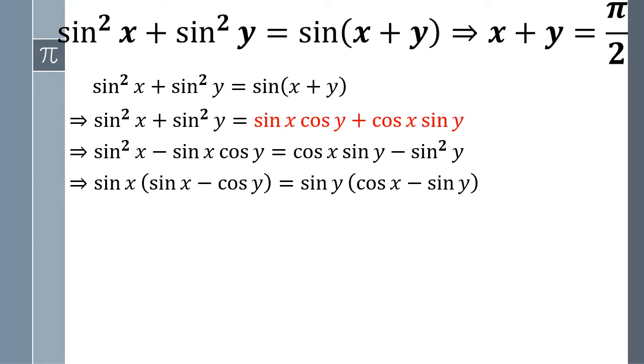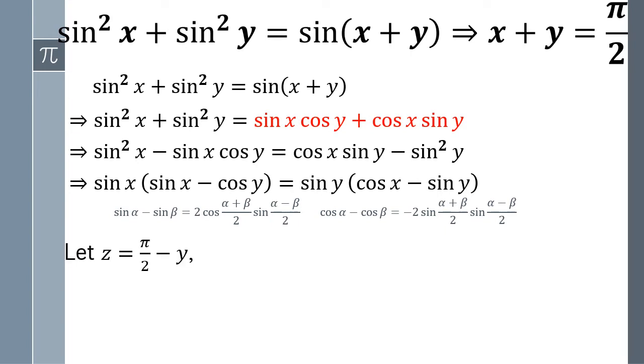However, in the formulas, the format is sin alpha minus sin beta and cosine alpha minus cosine beta. So we need to change the cosine y to sin something and sin y to cosine something. Well, we can do a simple substitution to achieve this.